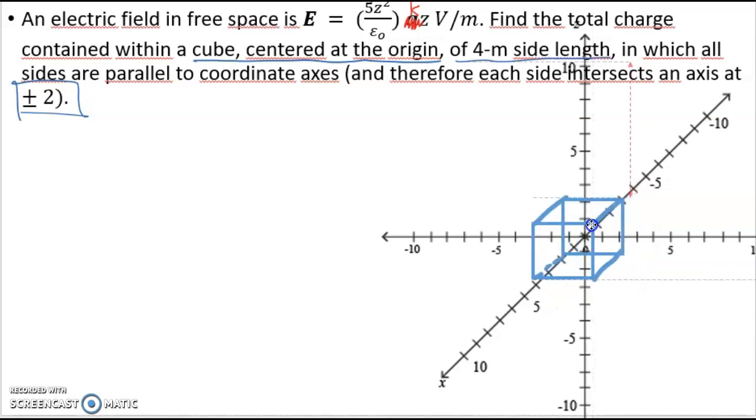There we go. Now it looks more like a cube. And it's going to be intersecting different sides. We know that side to side is going to be 4 meters. Here we will have 4 meters. Here we will have 4 meters as specified by the problem.